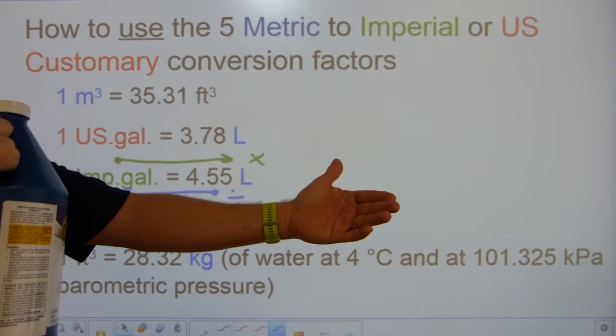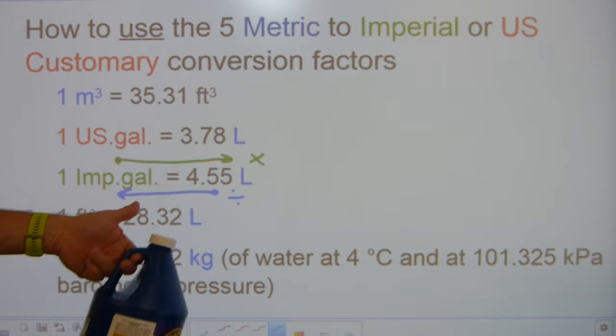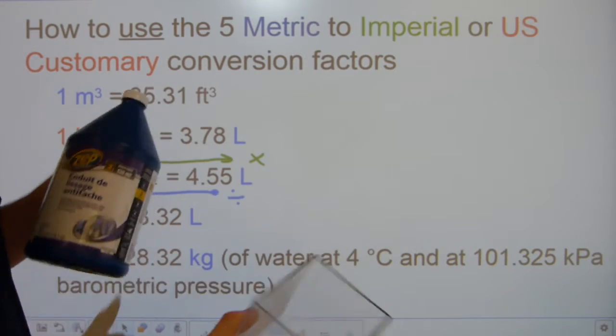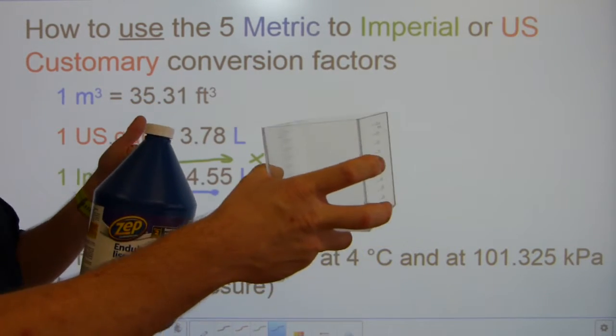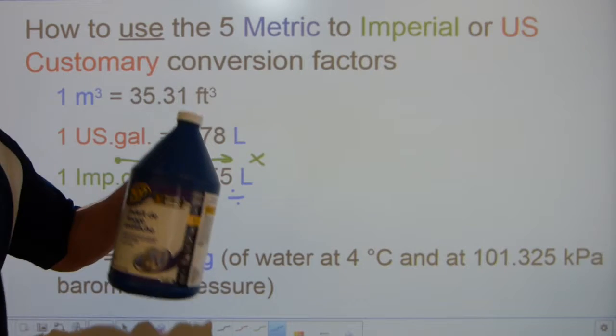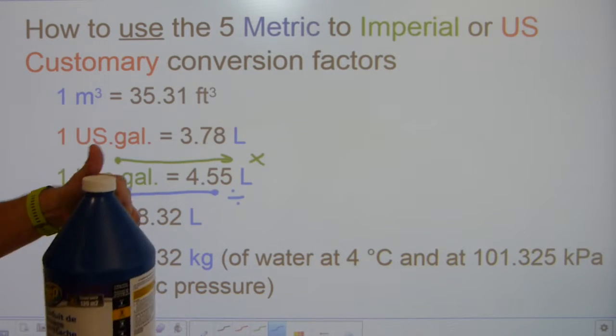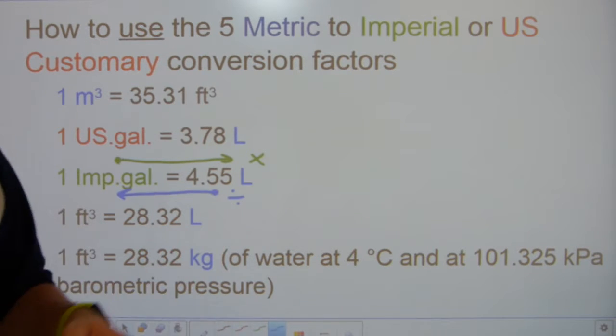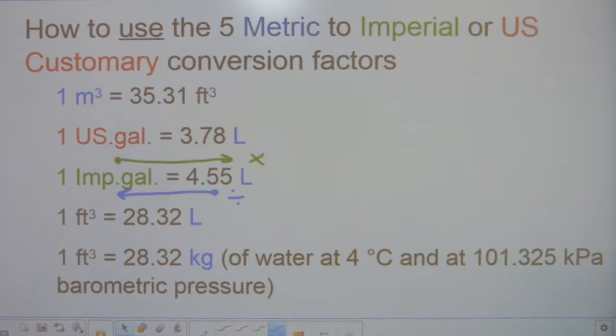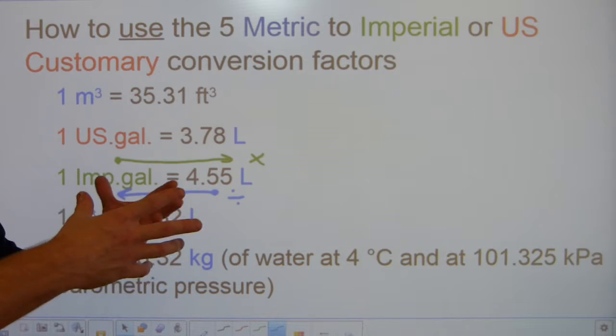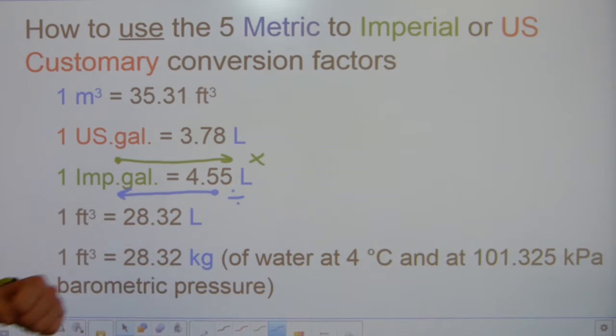You start with a tank that has so many liters of commodity in it, and scoop by scoop you're filling the first empty jug in imperial gallons, and then the second one, and then the third one, and the fourth one, as many as needed. So that's another way to visualize multiplication versus division.